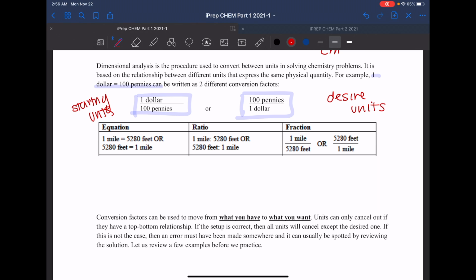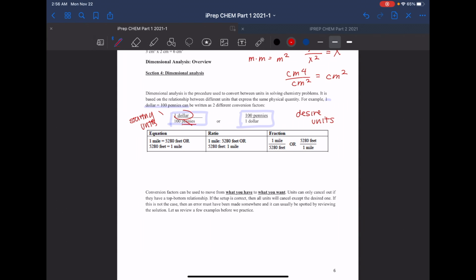Just depends, because we want the undesired units to be at the bottom so it cancels out with the top, and it leaves the desired unit on the top. And you will see what I mean by that. And we're going to use the train track method for this.